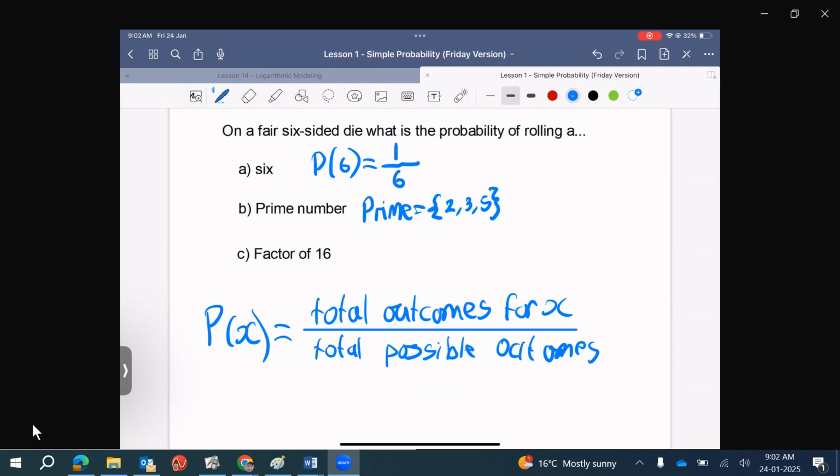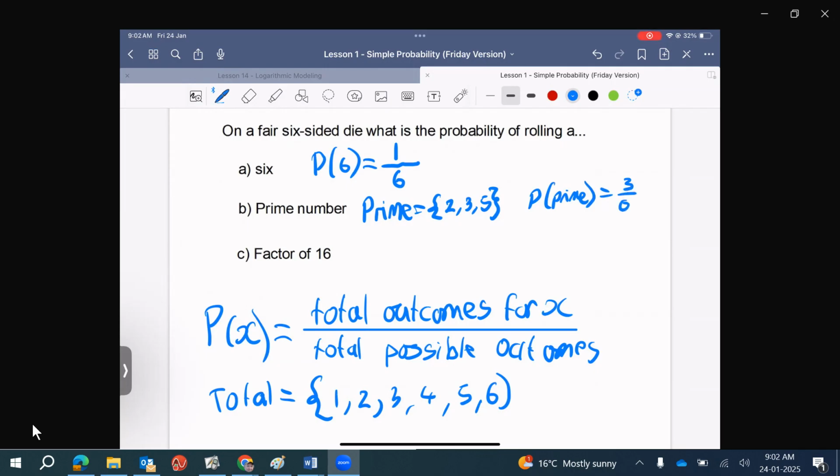Our total outcomes on a die is 1, 2, 3, 4, 5, 6. So the probability of getting a prime is going to be 3 out of 6, which we simplify to 1 out of 2.